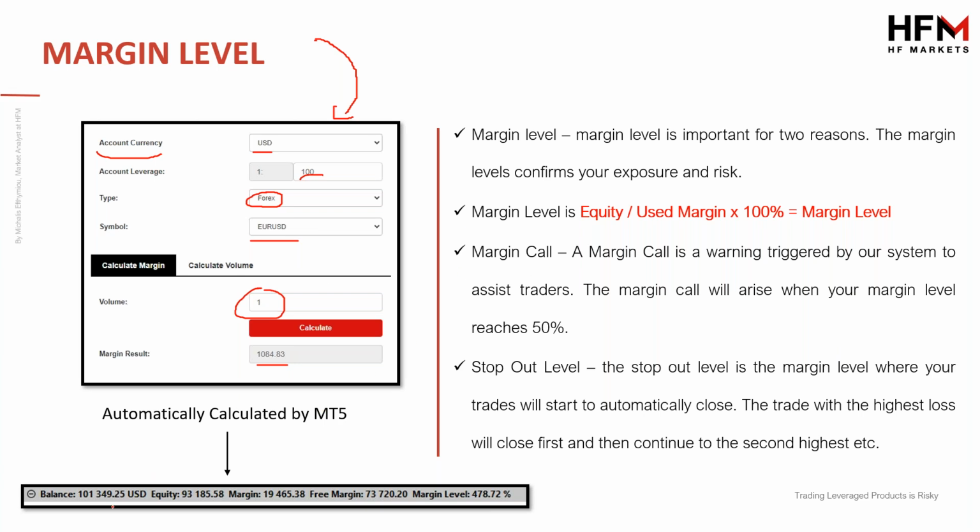Then the next thing I wanted to look at is margin level. Now, margin level is something which is extremely important, and not only for risk management, because when you're looking at position size, we're number one going to look at how we can use position size in terms of risk management.